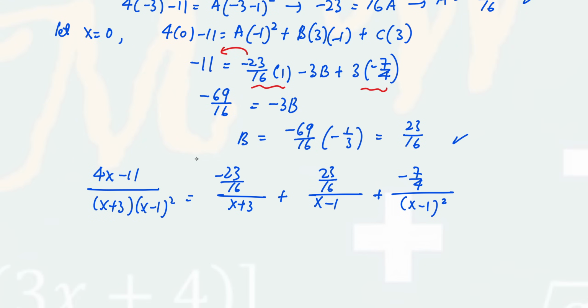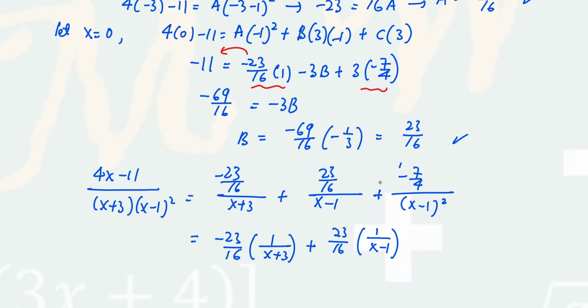And again, for this case, since you have fractions in all the numerators, we will factorize the whole fraction. Then I will just write 1 over x plus 3. And same goes to the second term. It will be 23 over 16 times 1 over x minus 1.